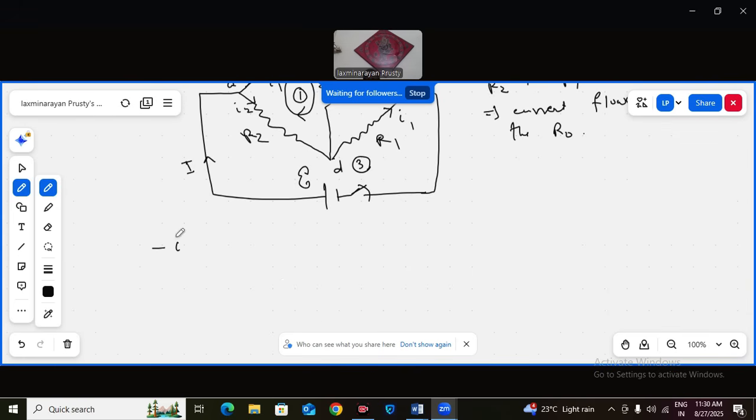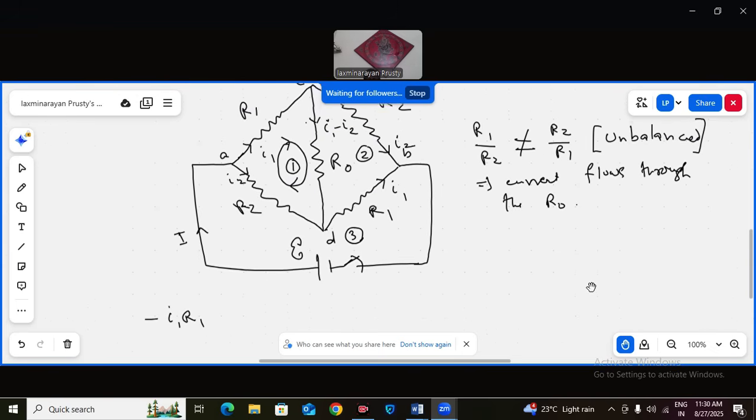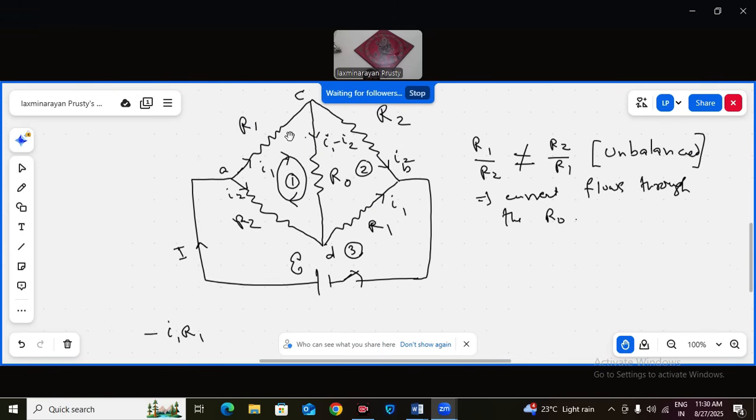So minus I1 R1. I show every step here to you. This is minus I1 R1. Then again minus (I1 minus I2) R2.